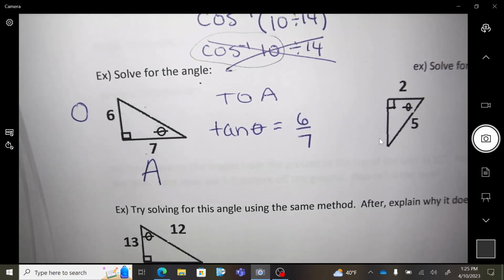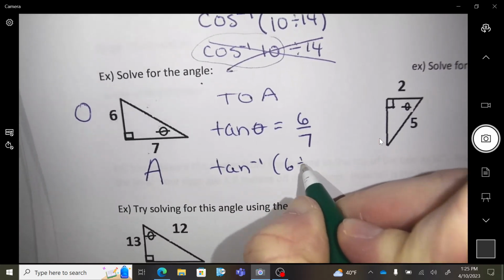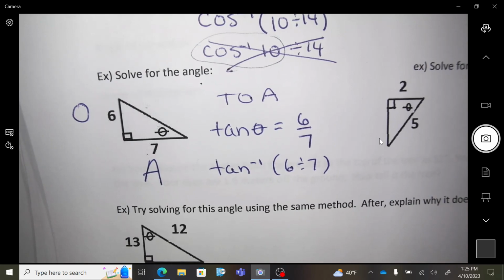Okay. Solving for an angle, that means you inverse, and then you'll want that in brackets again.